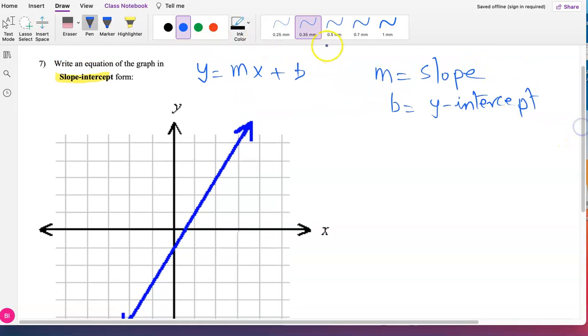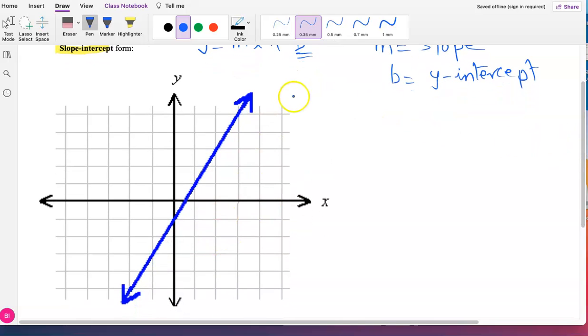So this b I can find wherever this graph, the blue line, is intersecting the y-axis. This is my vertical line, that is the y-axis, and that is being intersected by this graph at this particular point, right?